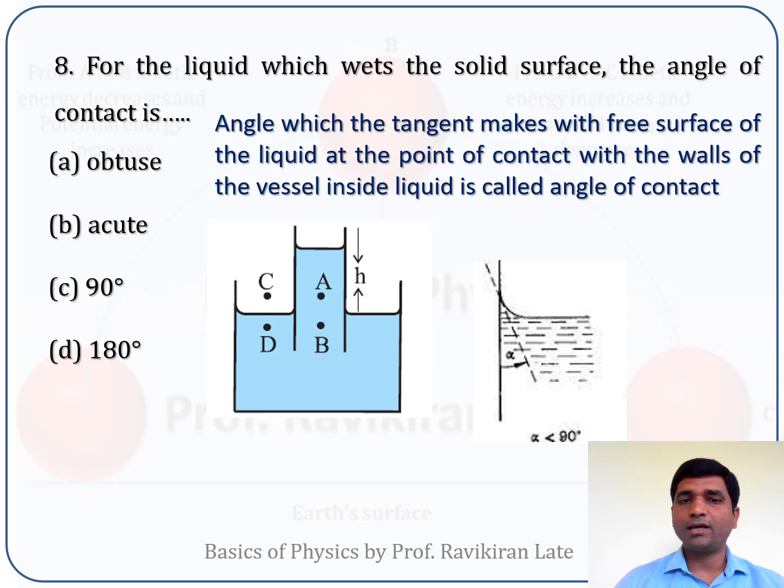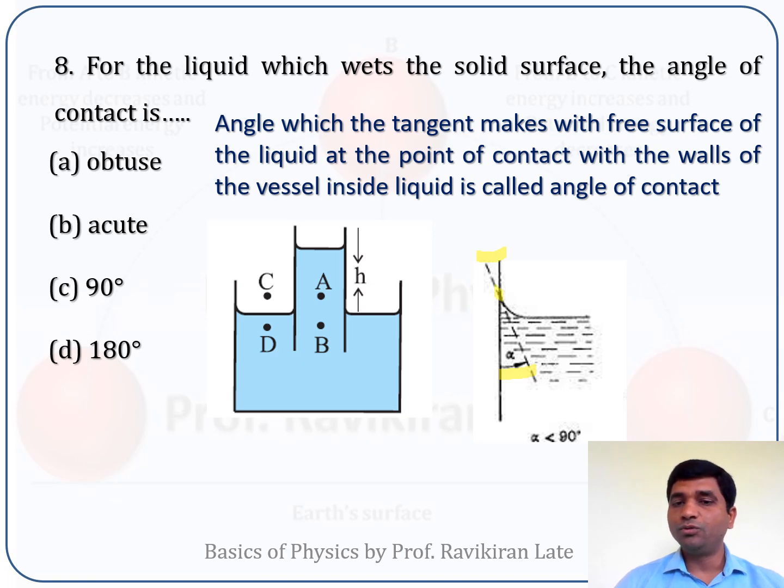How do we define the angle of contact? Angle of contact is the angle which a tangent makes with the free surface of the liquid at the point of contact with the walls of the container or vessel, measured from the liquid side. Let us say this is a tangent which I have drawn, and the angle which it makes from the side of the liquid is alpha.